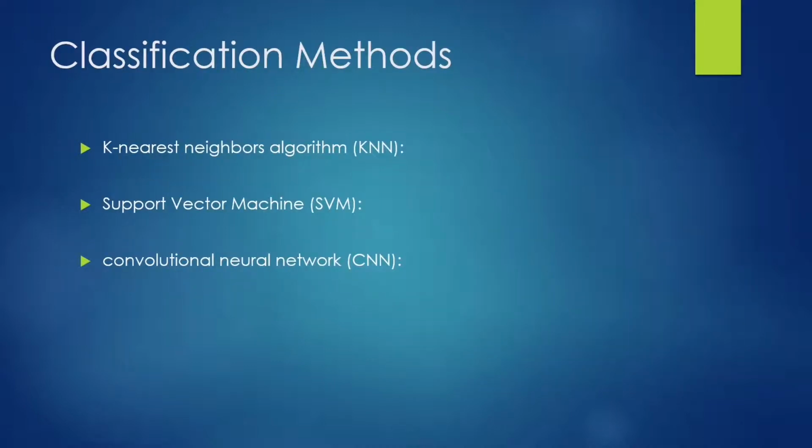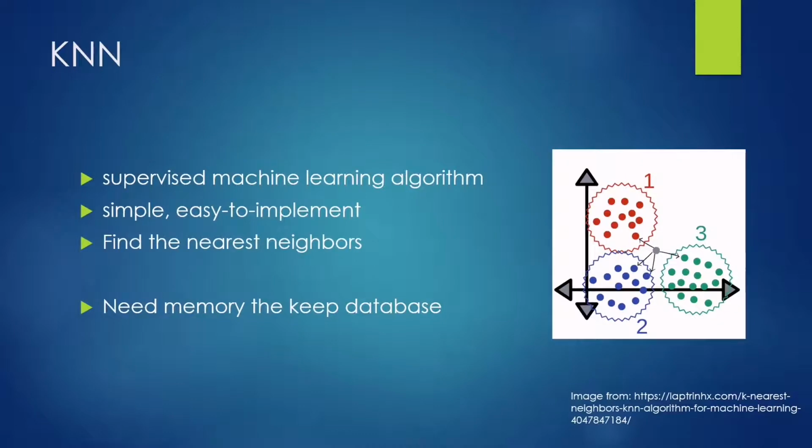And the three classification methods are KNN, SVM, and CNN. KNN is a supervised machine learning algorithm. It's simple and easy to implement and can be used to solve both classification and regression problems. The KNN algorithm assumes that similar things exist in close proximity.